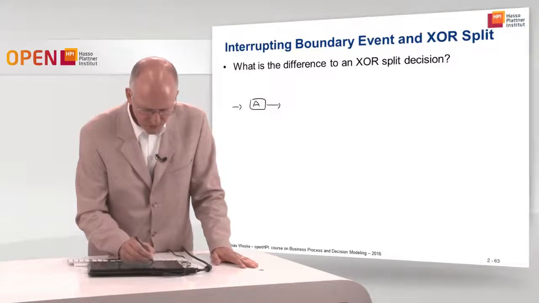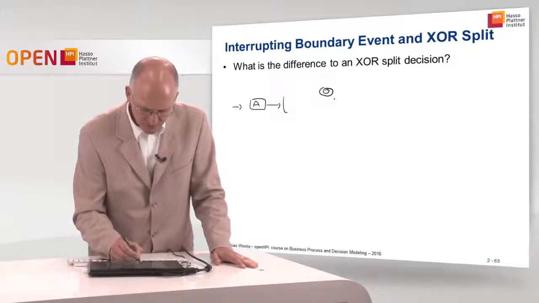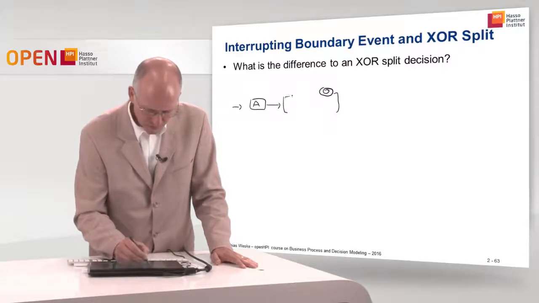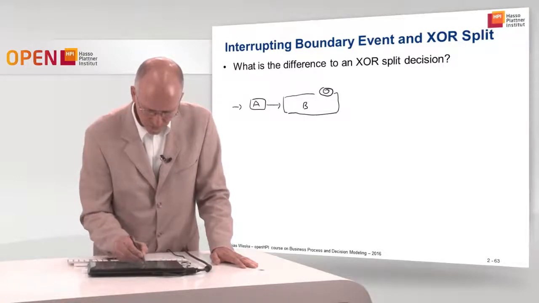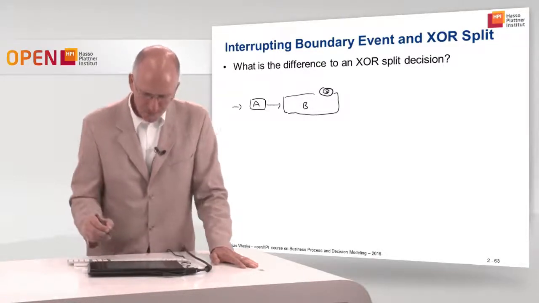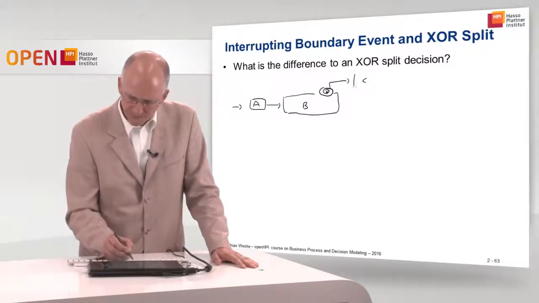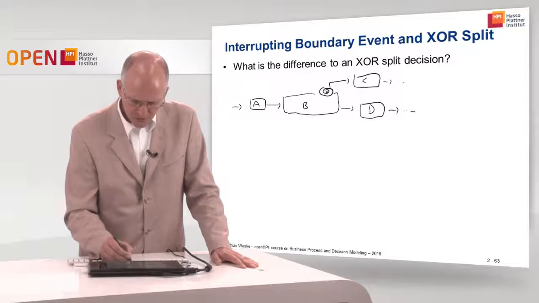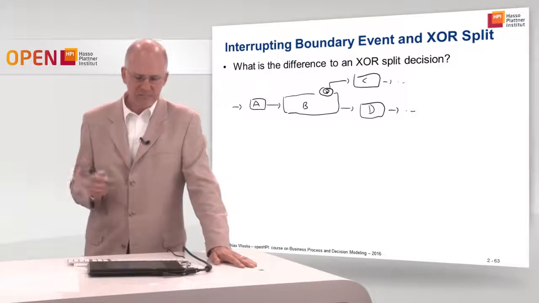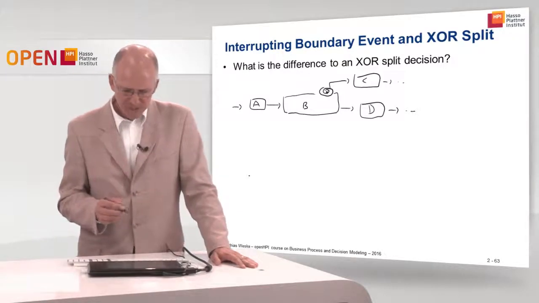So we start with an activity A. We then have an activity B, with this boundary error event. Then I have here the activity C, that continues somehow. And here we have the situation in which the normal process behavior continues.